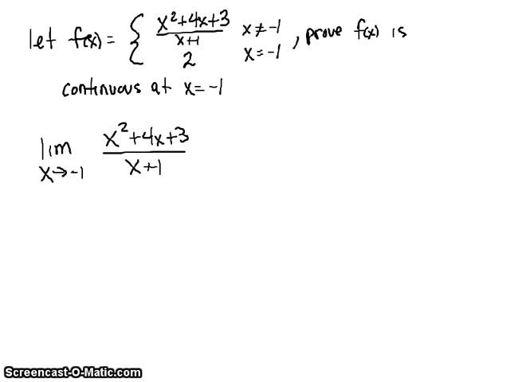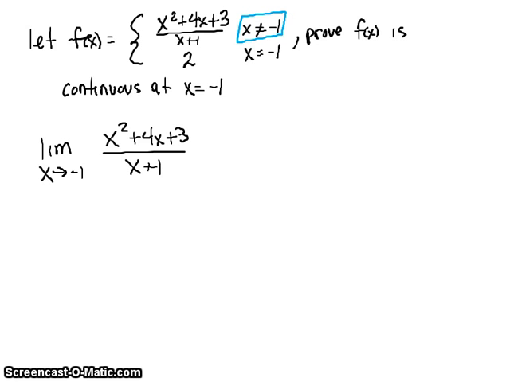We don't really care what happens at negative 1, so that's why we want to take this function part, because if we look at the function definition up here, the (x squared plus 4x plus 3) over (x plus 1) is going to be everywhere except x equals negative 1. So on each side, as close to negative 1 as we can get.